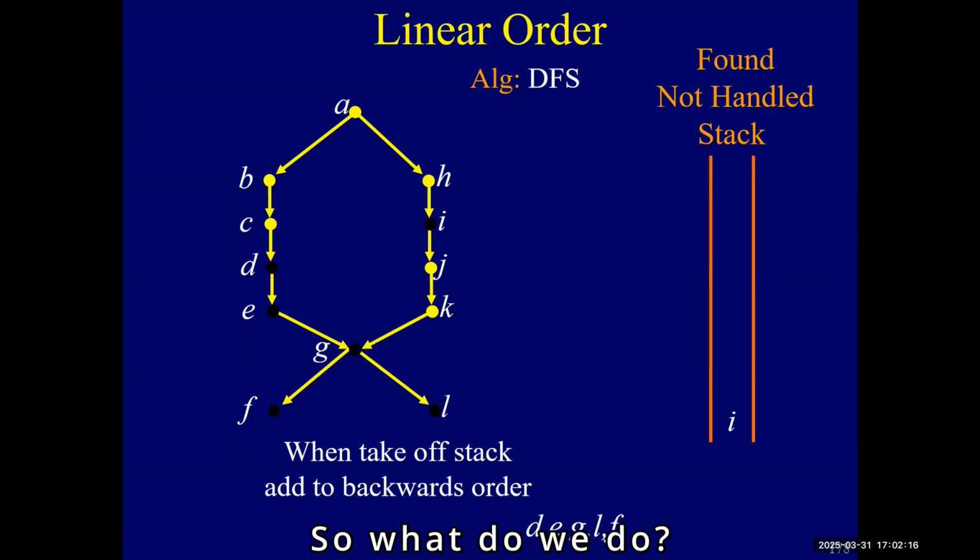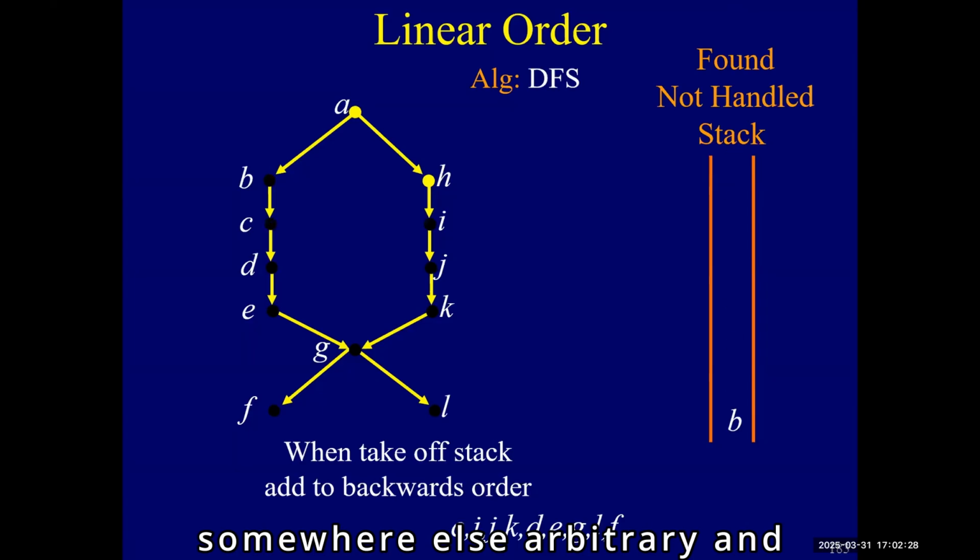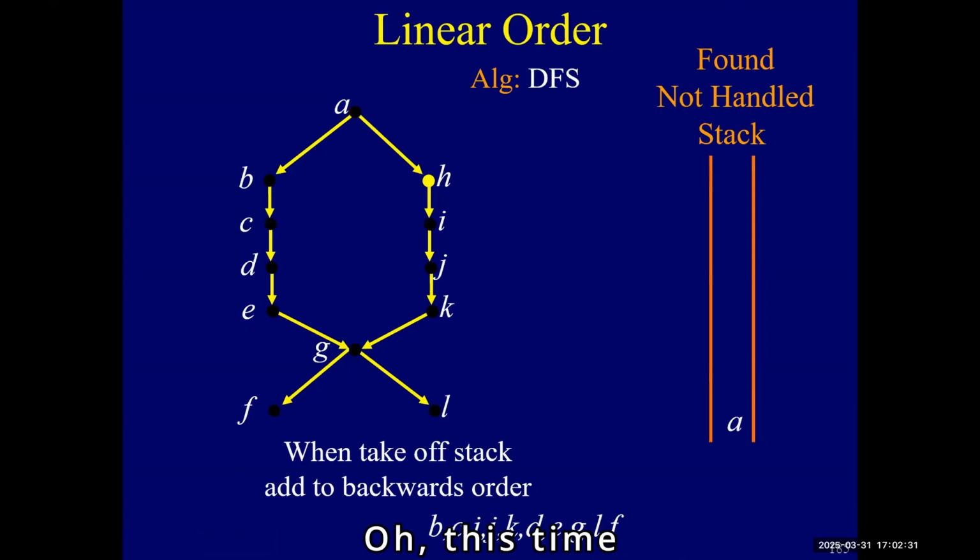So what do we do? We start at another arbitrary place, we push on the stack, and as things come off, they get printed backwards. Then we start somewhere else arbitrary and do it again. This time we're at the root, which is nice because it will finish us off. Everybody good?